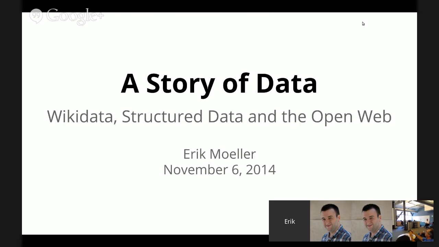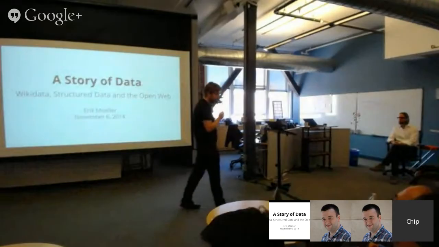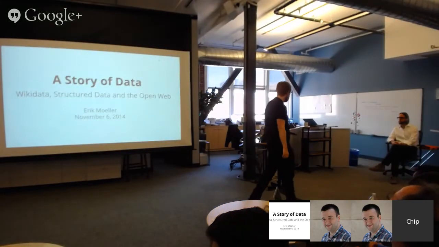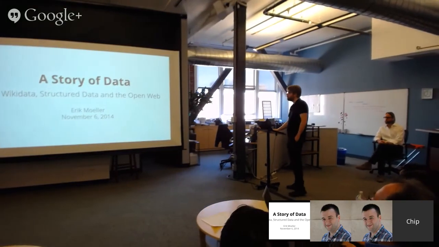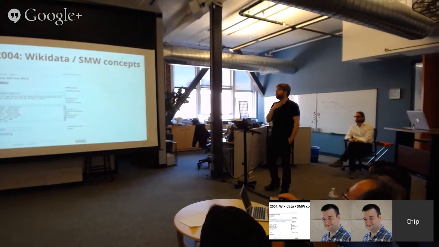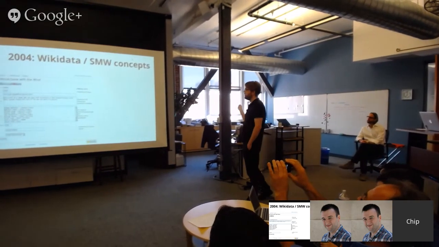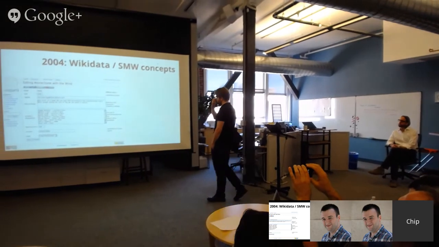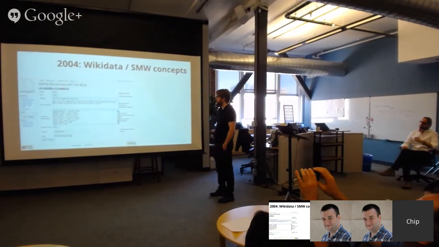So it was not the case that this idea of Wikidata only came about very recently. In fact, the idea of Wikidata came about around 2004. This is why we have the wikidata.org domain name. This was a first proposal that I put out around that time.